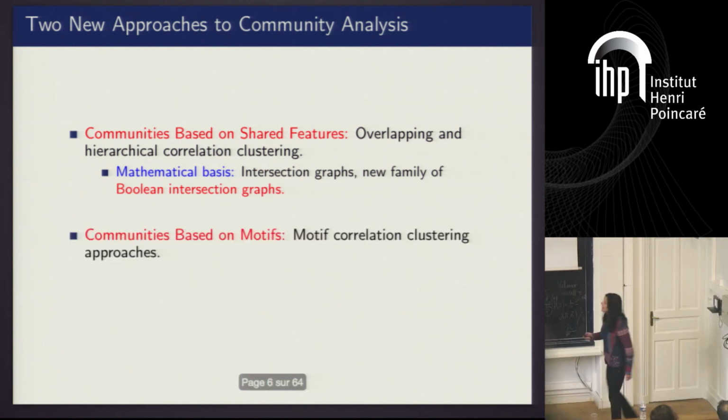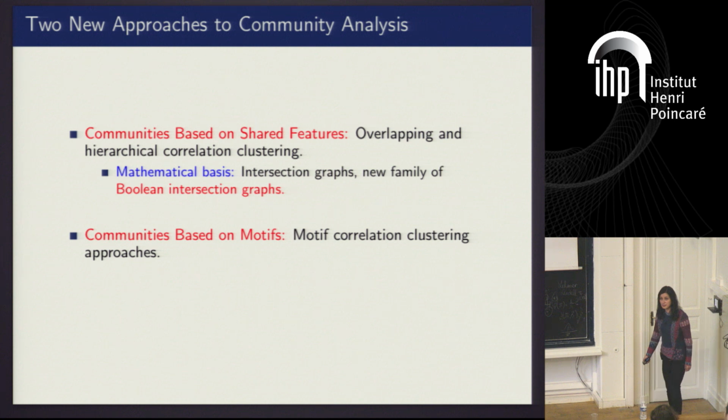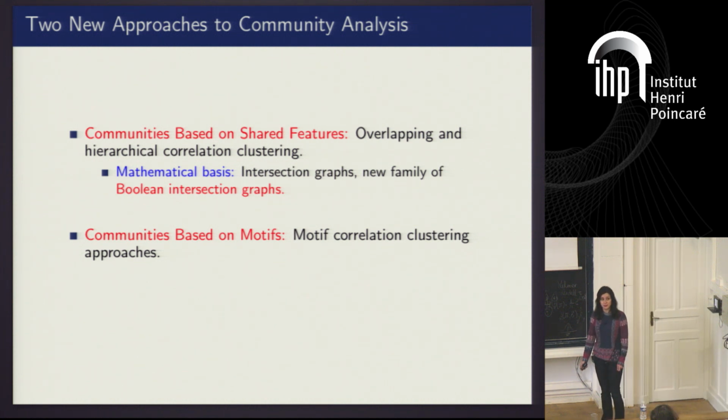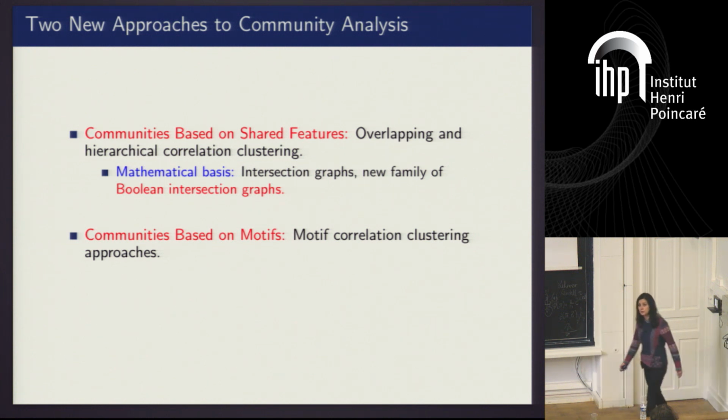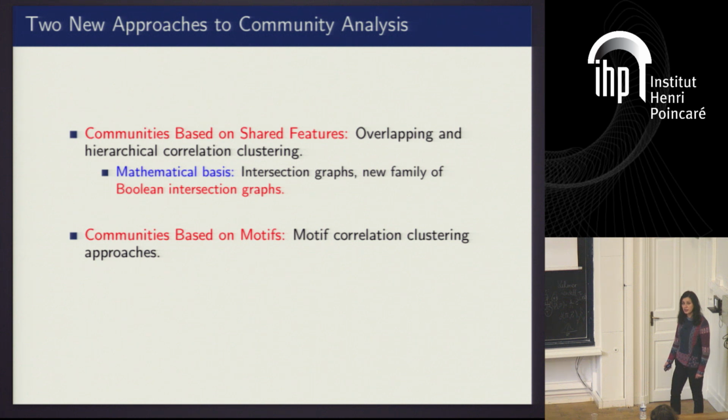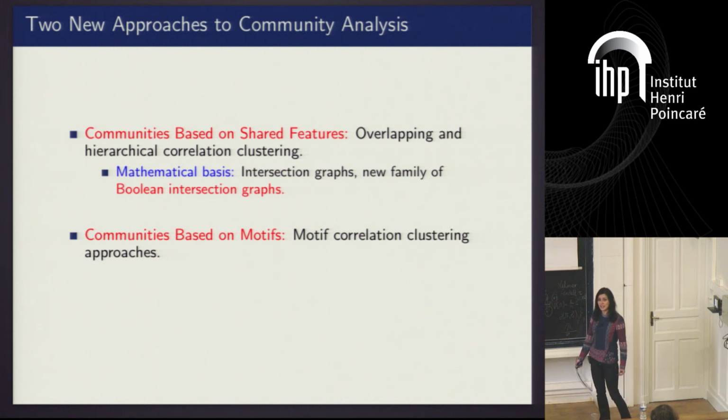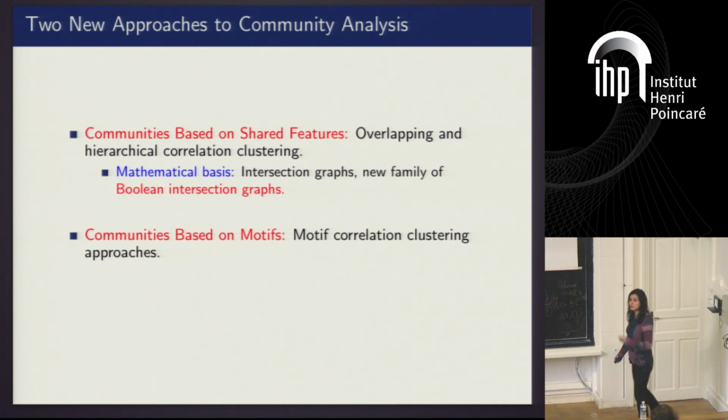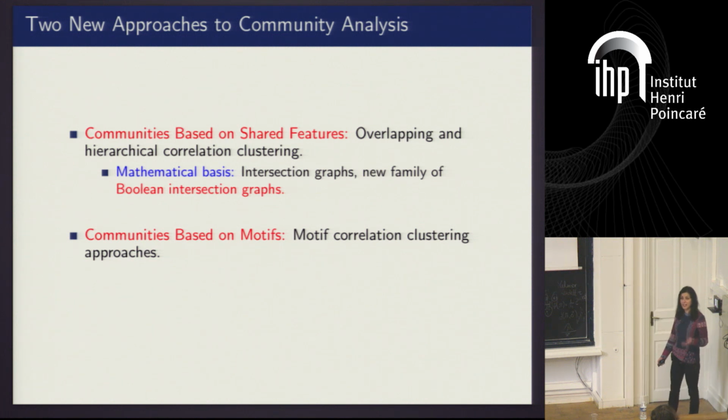And the other notion that I will discuss is definitions of communities based on motifs. This is, again, a brand new topic area, where we are really interested in communities that have a large density of motifs, which are, again, some small induced subgraphs. For example, think of social networks as having a lot of triangles.